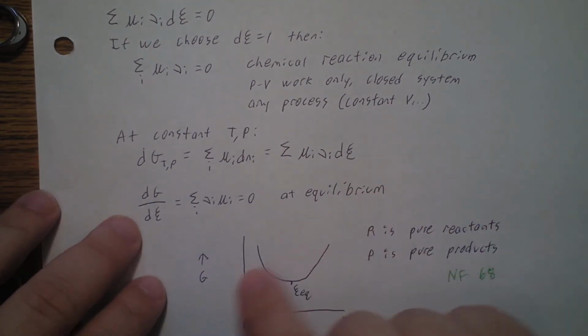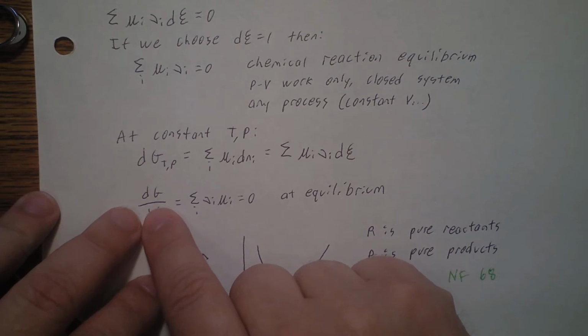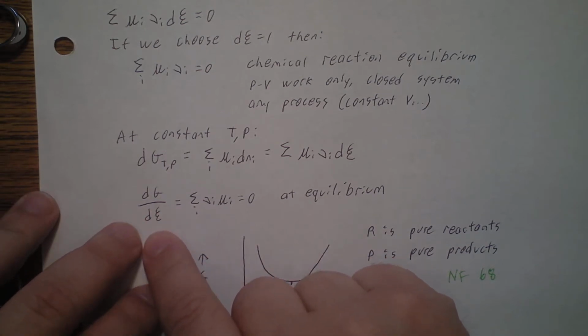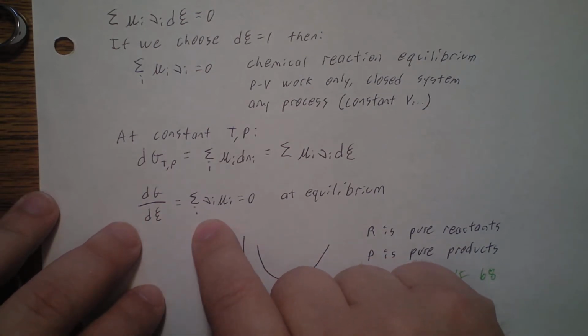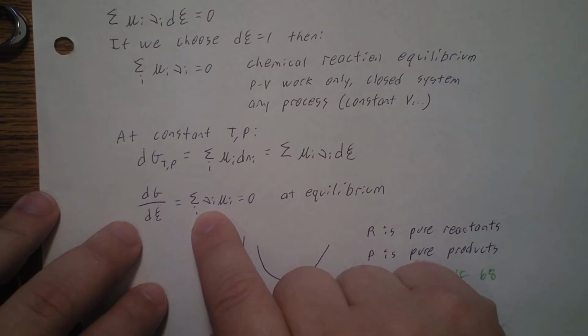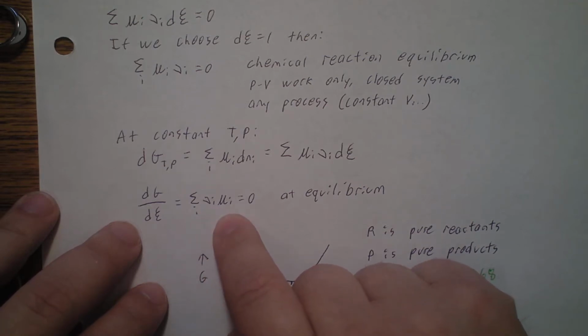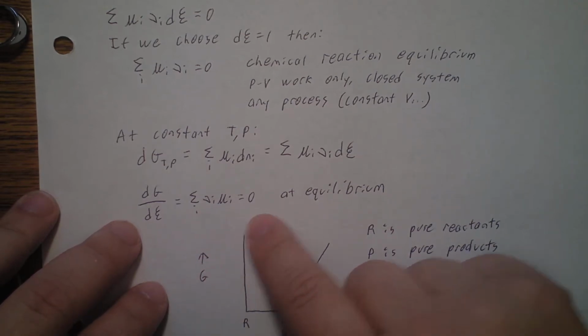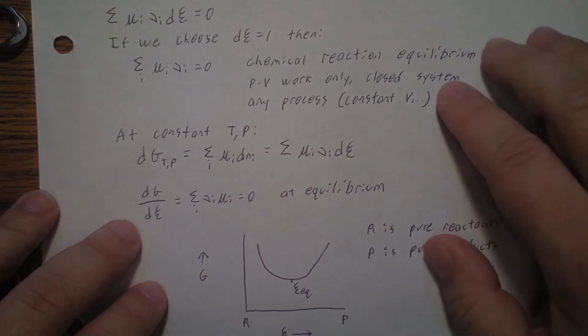So if we just divide, we get the differential of the Gibbs free energy with respect to the extent is equal to the sum over the substances I of the stoichiometric coefficient of substance I times the chemical potential of substance I, which is equal to 0 at equilibrium.